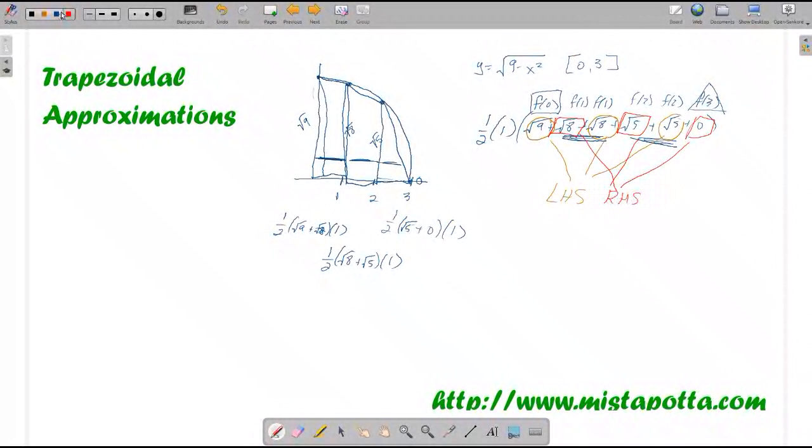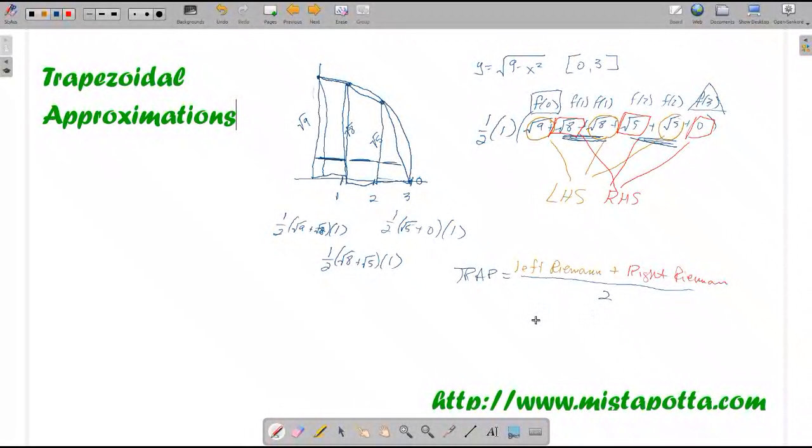So what I'm really doing here is that my trapezoidal approximation is really equal to my left Riemann sum plus my right Riemann sum, all divided by 2.